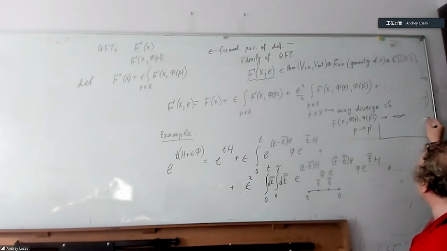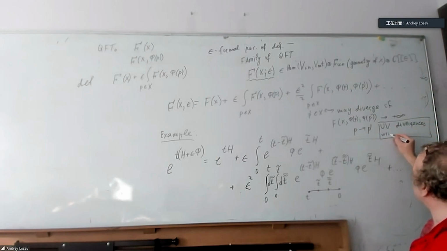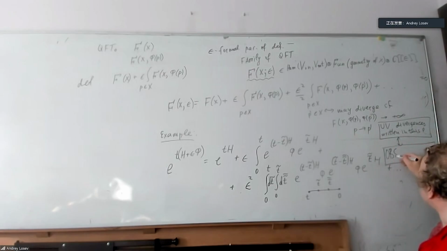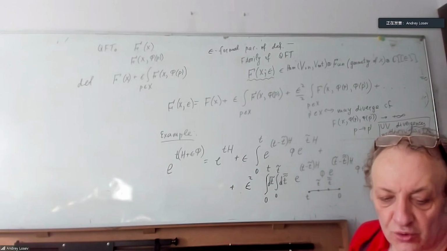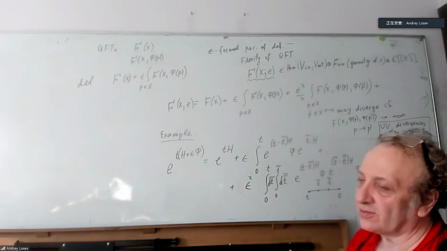And this is the phenomenon of the ultraviolet divergence written in this language. And this is exactly the obstruction. So we would like to deform to the second order in epsilon, but we stop.